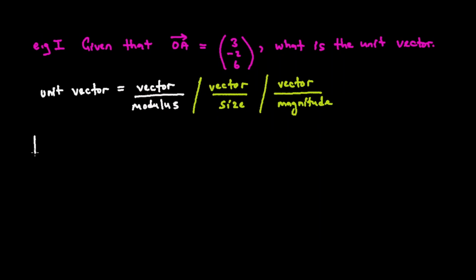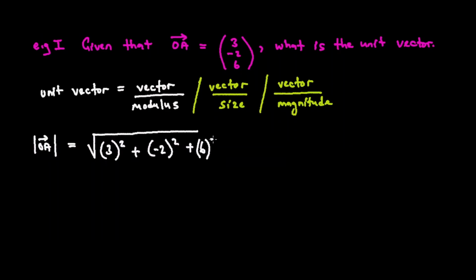What we need is the modulus. So we want the modulus of OA, which we learned in our yesterday lesson, is simply the square root of 3 squared, that is the elements inside OA, plus minus 2 squared, plus 6 squared. So this is equal to the square root of 3 squared is 9, minus 2 squared is 4, and 6 squared is 36.